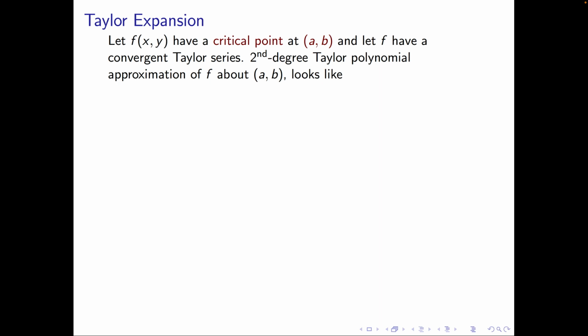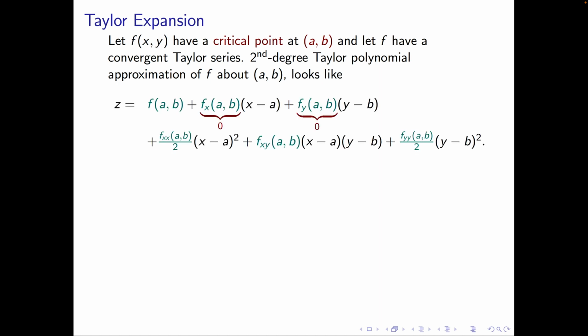The second degree polynomial approximation of f about a, b looks like this. You can derive this with a little knowledge of second degree Taylor polynomials. What I want you to know is that this is not typically 0. It's just because a, b is a critical point of f that these are going to be 0.